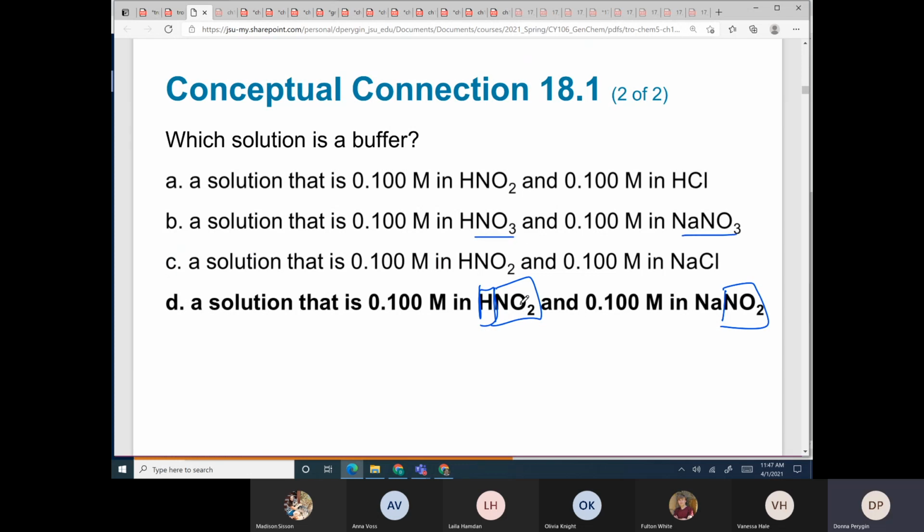That's not nitric acid, it's HNO2 nitrous acid and sodium nitrite. Okay, so why is this one not a buffer? Because nitric acid is a strong acid. And therefore you can't make a buffer out of a strong acid because it's going to just completely dissociate.